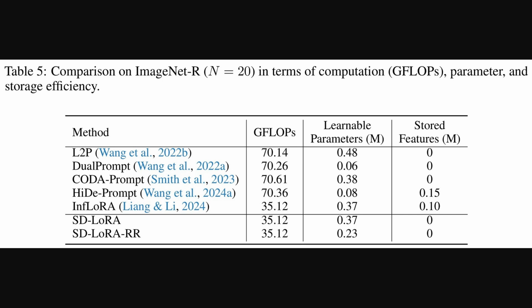Scalable Decoupled Low-Rank Adaptation and its variant Scalable Decoupled Low-Rank Adaptation with Rank Reduction, or SD-LoRA-RR, are impressive. Both achieve GFLOPs of just 35.12, about half of many other methods. Scalable Decoupled Low-Rank Adaptation with Rank Reduction is particularly lean with only 0.23 million parameters, and crucially, neither method requires stored features, highlighting their excellent scalability.